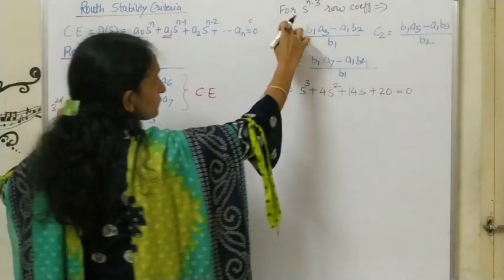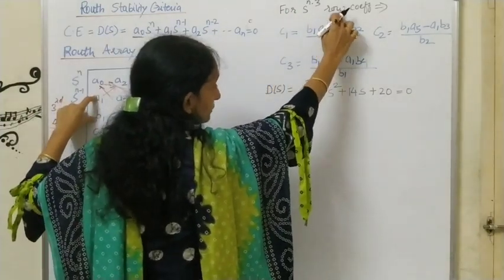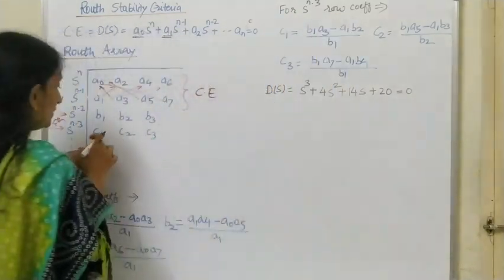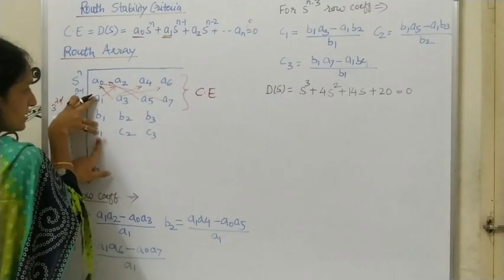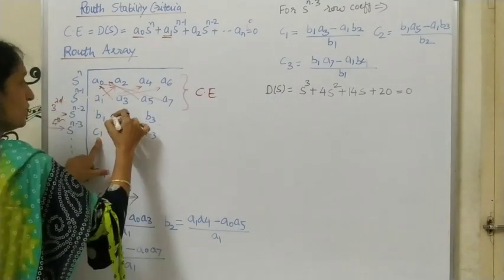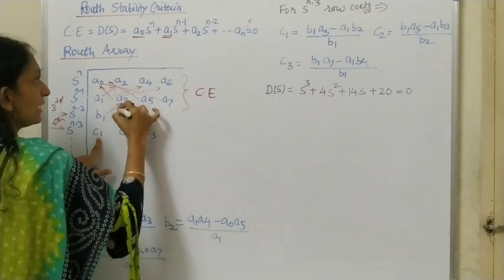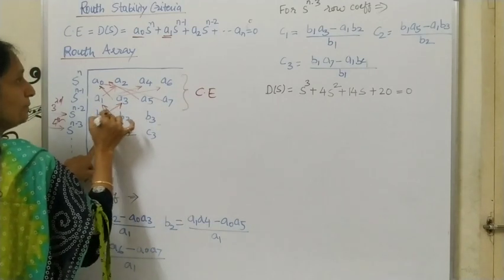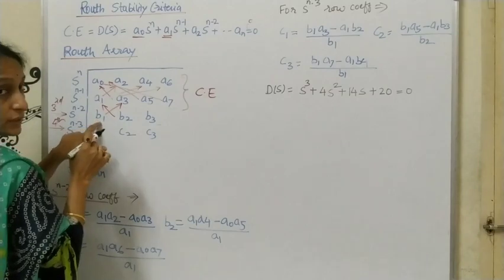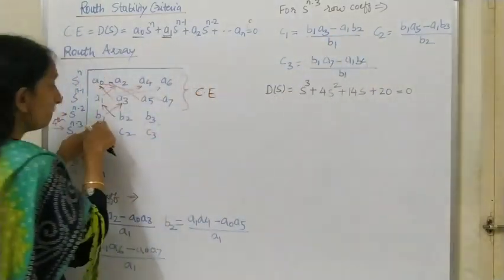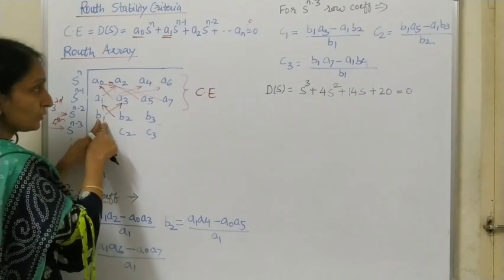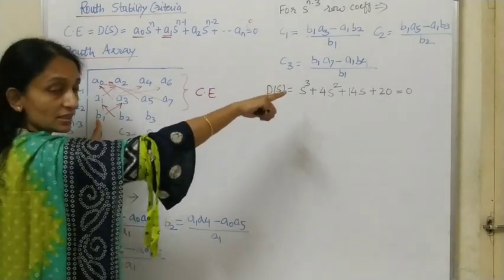For calculating the coefficient of the fourth row, first we need to calculate C1. C1 is equal to, we will consider these two rows, B1 A3 minus A1 B2 upon B1. Again you can check the denominator is the same here.